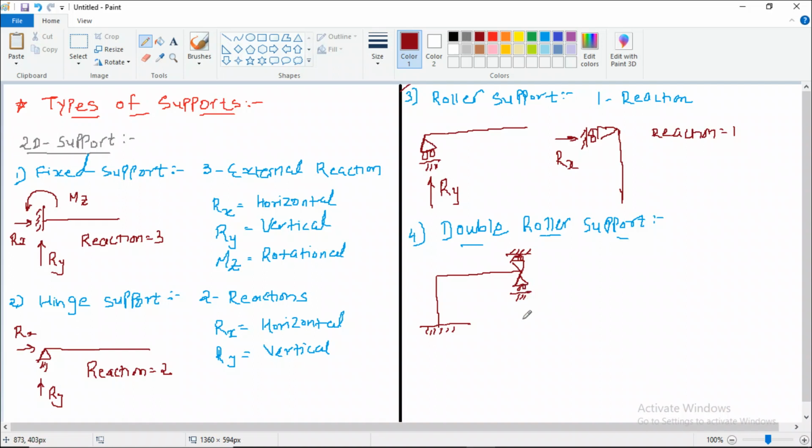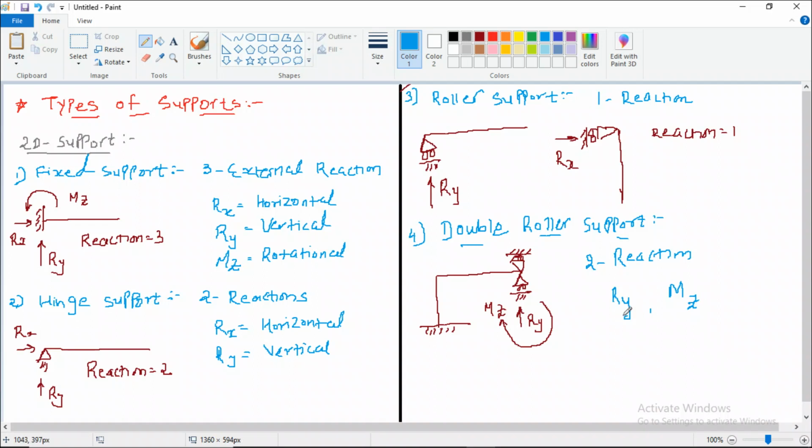So here one vertical reaction Ry and another moment Mz. This is a special type of support, not very frequently used in the practice. So in the double roller support, two reactions possible, that is perpendicular and rotational.